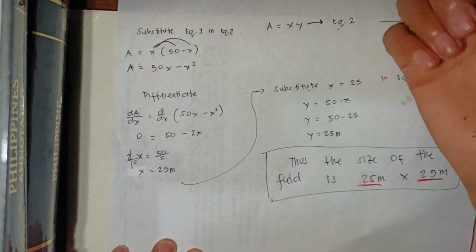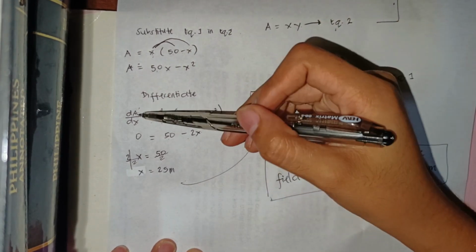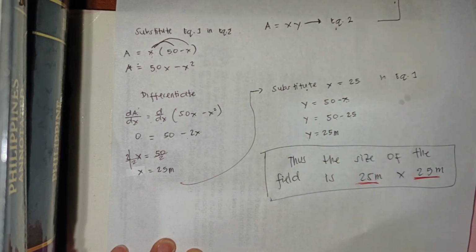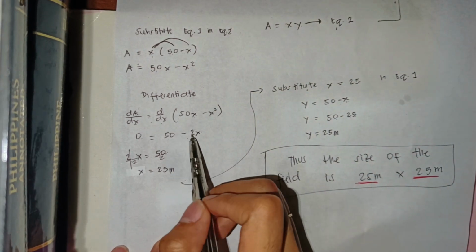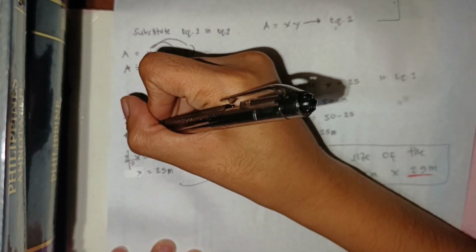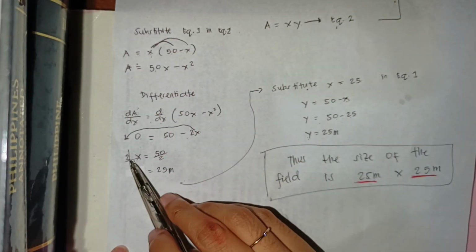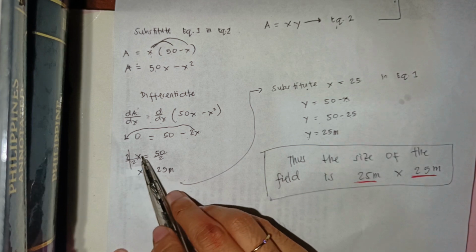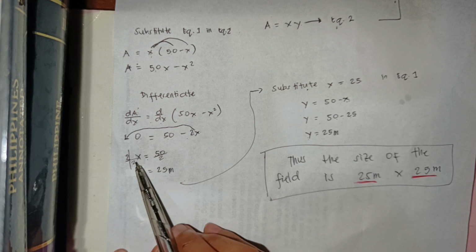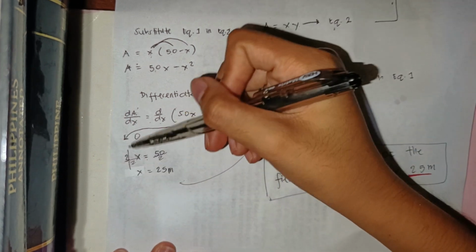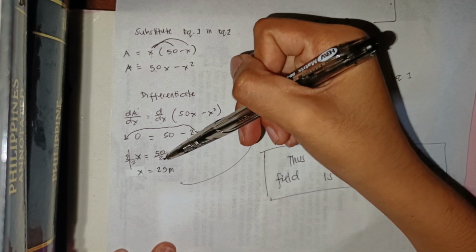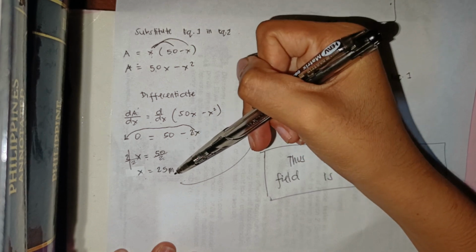And sa pag-maximize and minimize, kani siya, imo na siya i-equate into 0. After that, transpose 2x diri para makuha ang value sa x. So, 2x is equal to 50 and then divide both sides by 2. So, cancel, then x na mabilin, and then 50 divided by 2 is 25 meters.